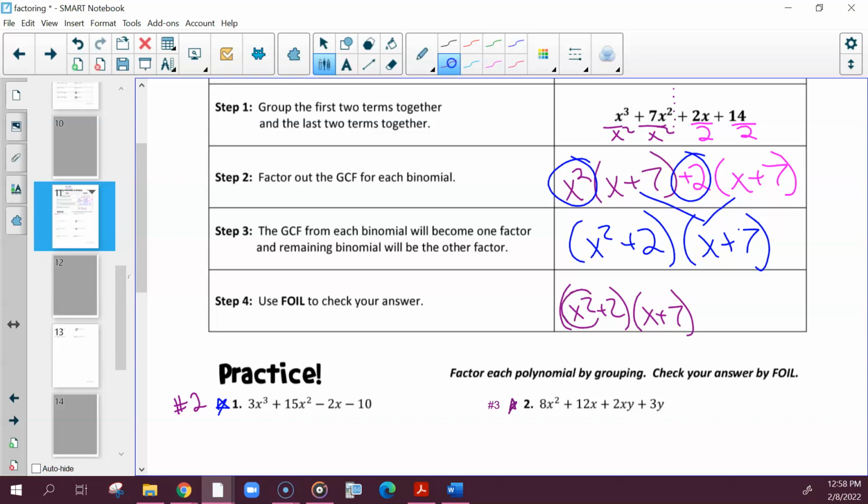So I take x squared and multiply it to x and 7. Remember, when you multiply variables that are the same, you're adding the exponents. So this would give us x to the third, and then plus 7x squared.